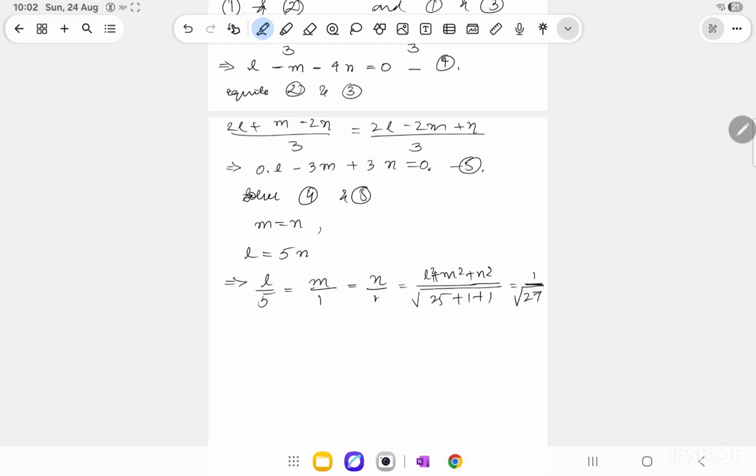So I got my l as 5 by root 27, my m as 1 by root 27, and my n as 1 by root 27.